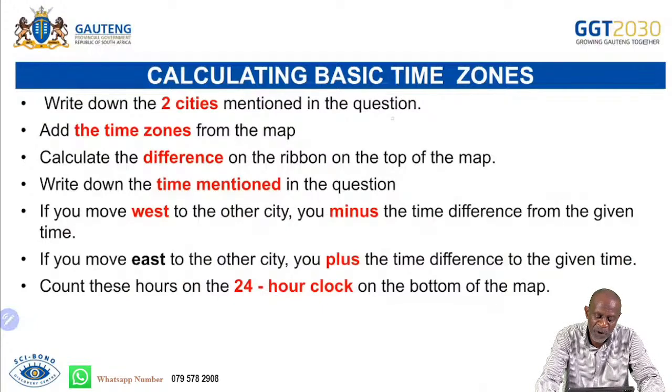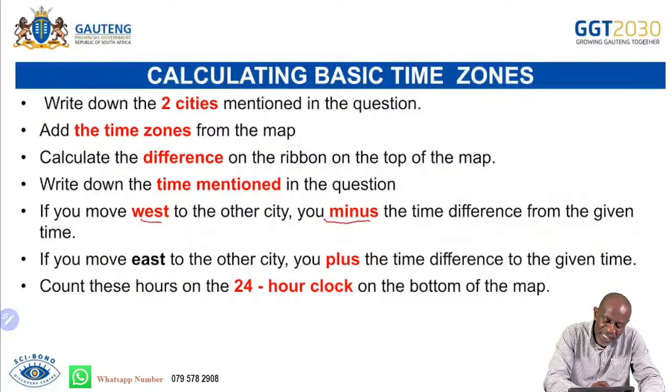If you move west to the other city, you minus the time difference from the given time. And if you move east to the other city, you plus the time difference to the given time.